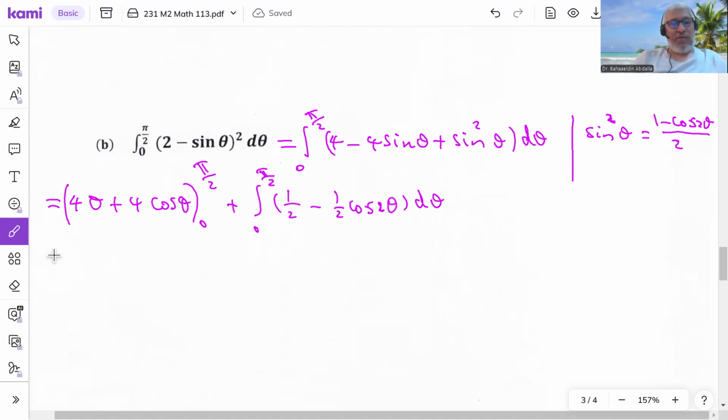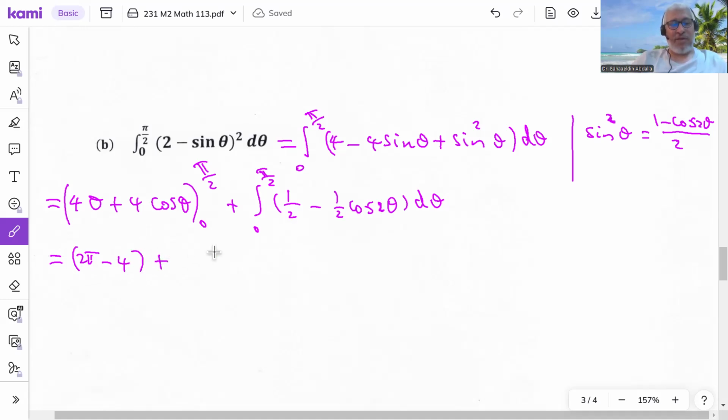So here I'll have 4 times pi over 2, that's 2 pi. Cosine pi over 2 is 0, so that's it, minus, replacing theta by 0. Well, this is 0, and cosine 0 is 1, so I'll have minus 4.